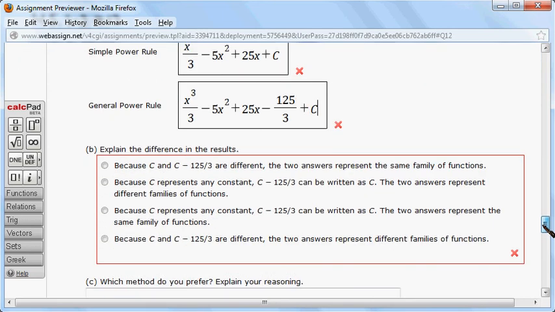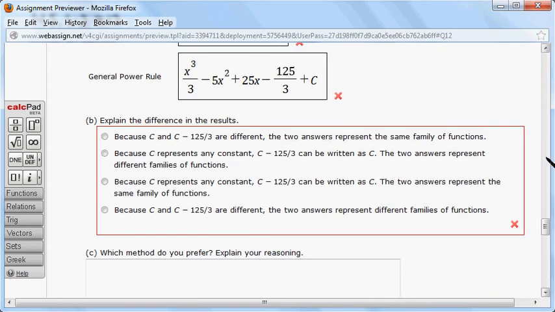Then explain the difference in the results. You can see that c and c minus 125 over 3 are different, but the two answers represent the same family of functions. c represents any constant, and c minus 125 over 3 can be written as c.